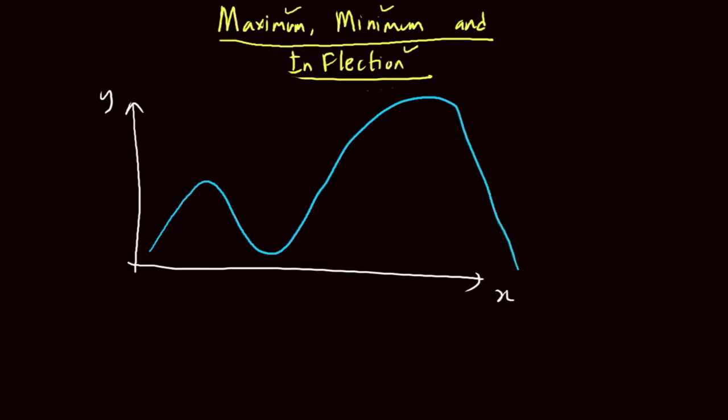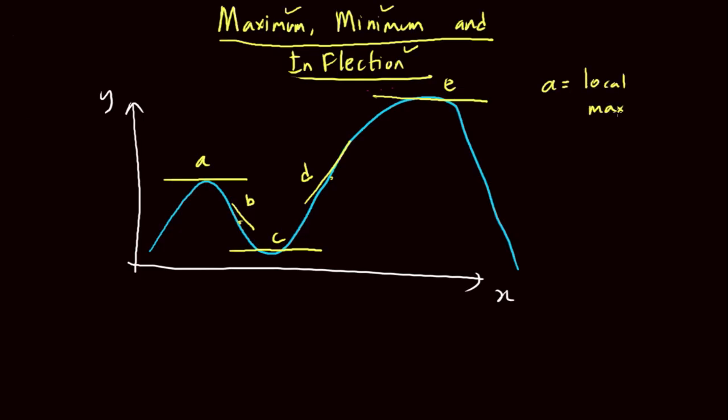If I were to take the tangent lines for all these points, so this is a tangent line here, and this is a tangent line here. Also, we have another inflection point. I'm going to write here A, B, C, D, E. So what is A? A, as we know, is a local maximum.